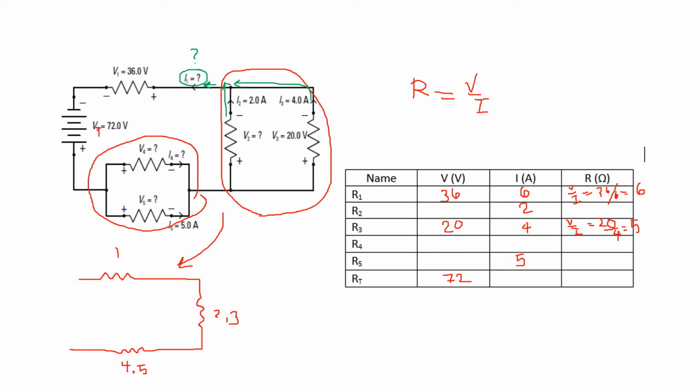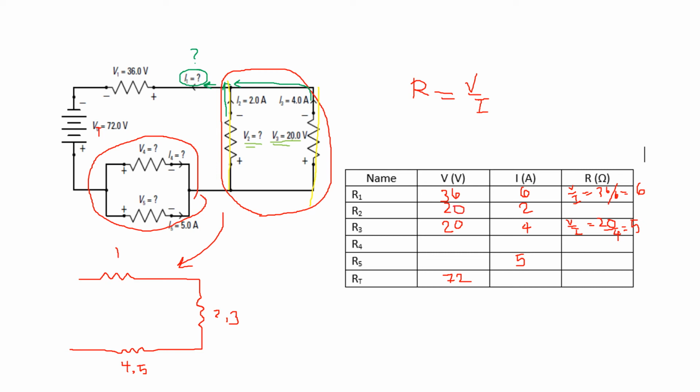Now one thing is clear, that this part here, you can see this and this are parallel. Therefore, if my V3 is 20, my V2 has to be 20. They both are holding hands. You can see this branch and this branch, they're holding hands.